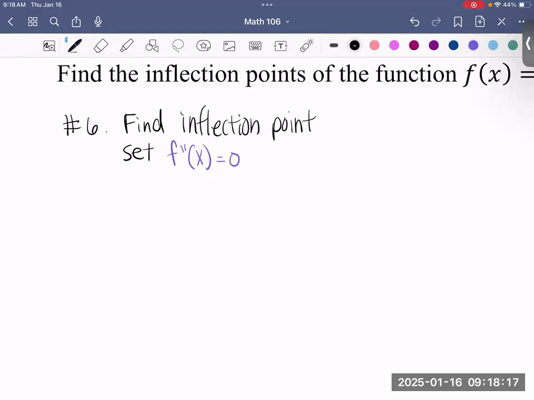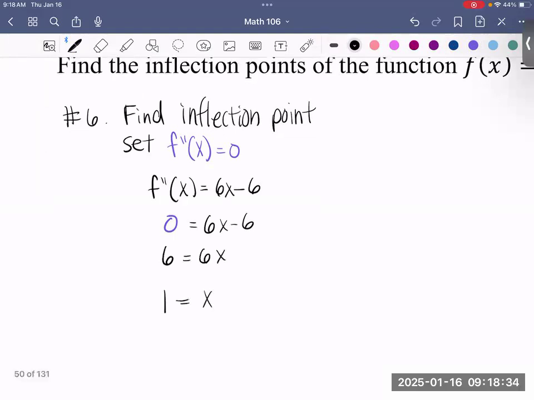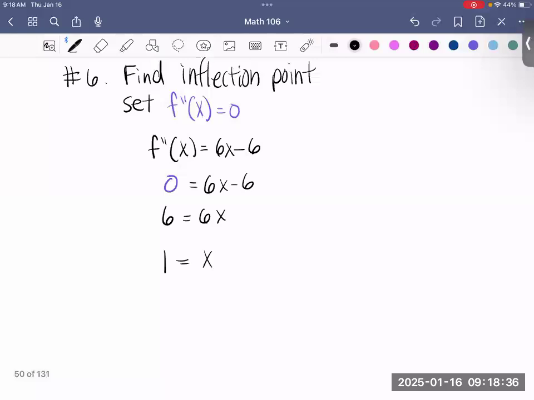We said your second derivative was equal to 6x minus 6. So we get to set it equal to 0 and solve for x. So, add the 6, divide by 6. So now we have x is equal to 1. This is the x coordinate of your inflection point.